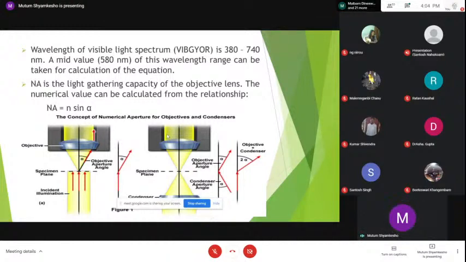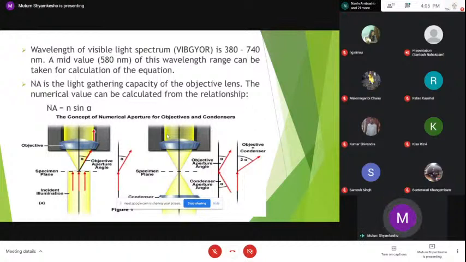And then the other factor for the calculation of the limit of resolution is the NA, that is the numerical aperture. It is defined as the light gathering capacity of the objective lens.